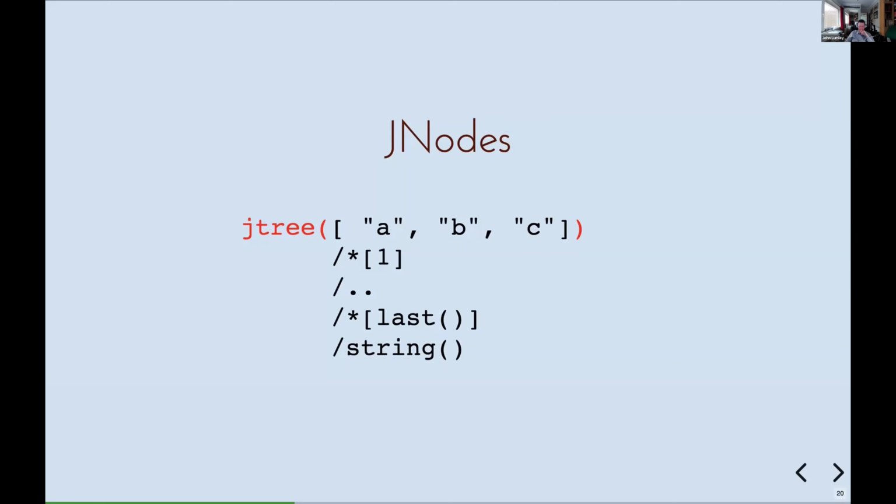In XPath, star selects an XML element. Now it selects a map or JNode, which is a map or an array, and an item in there as well. It's not really different if you think about it.